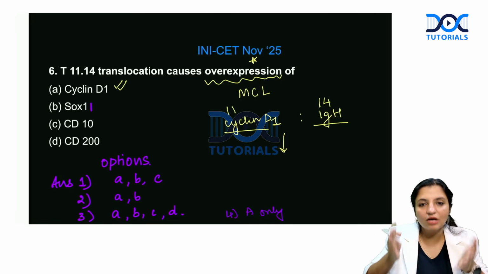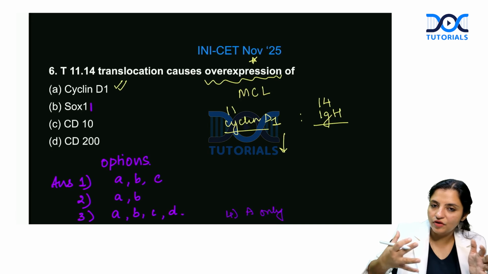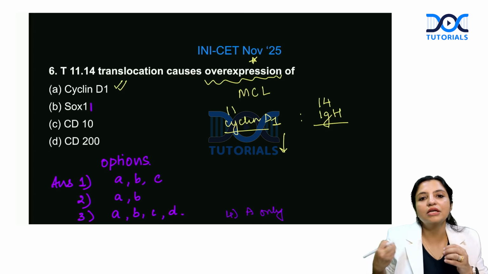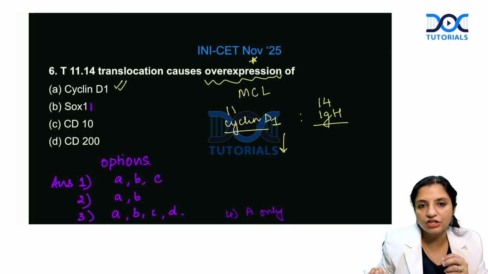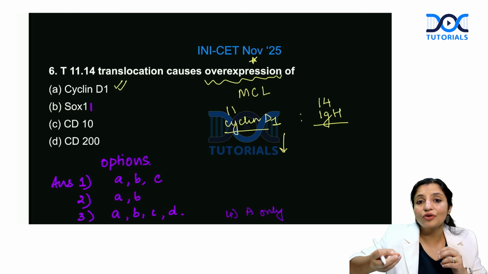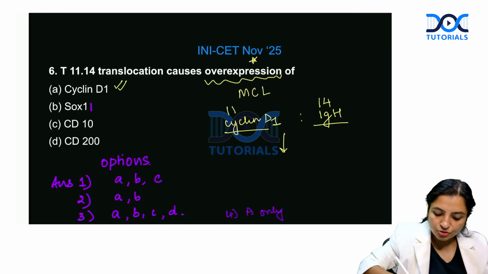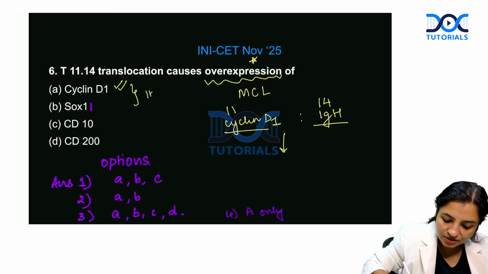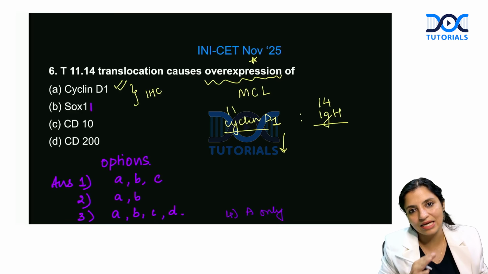If they're just saying that this is the translocation, it will show overexpression of which molecule, then it has to be cyclin D. If somebody asks which are the immunohistochemical markers for identification of mantle cell lymphoma, then your answer should be cyclin D1 and SOX11, both of them. Both are IHC markers, but this translocation only overexpresses cyclin D1.